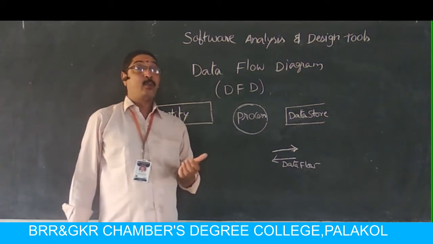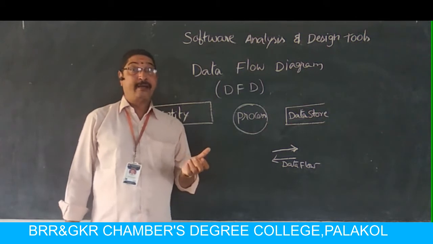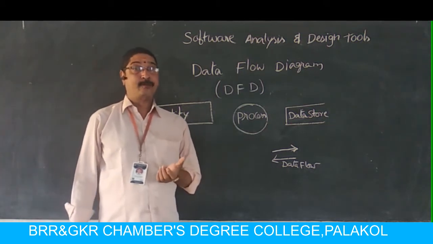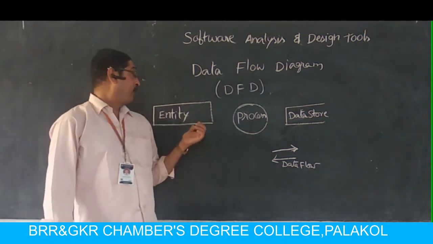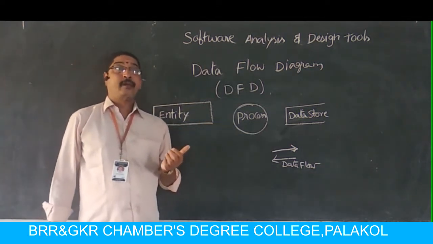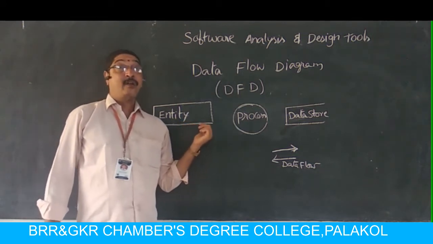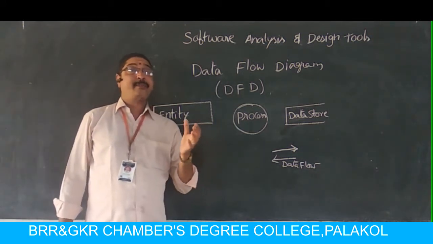We will discuss more detail about these diagrams, more detail about these symbols, and we will work with some examples also. Please write down. And now let us see what is entity. First one, rectangle. You may use rectangle as entity. So first we must know what is the meaning of entity.